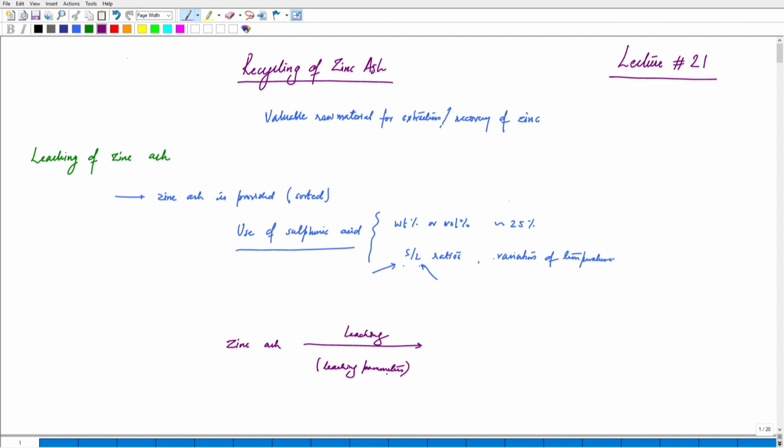All these parameters are varied, and we would end up in the leach liquor. And of course we also have as a byproduct the residual solid. So this is the valuable material, and this is the byproduct of this leaching process, the residual solid.